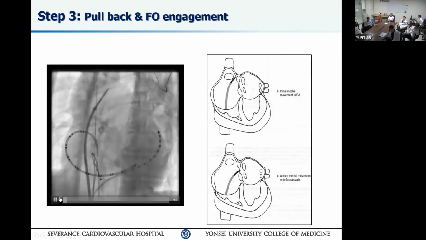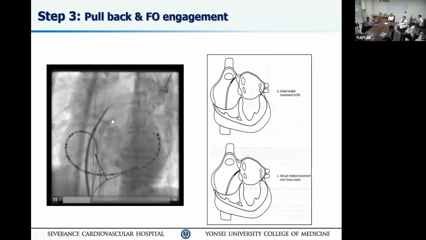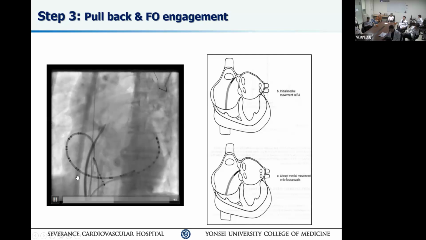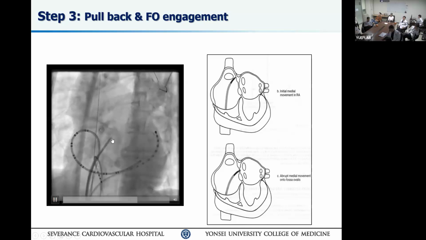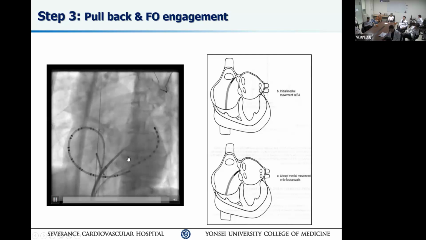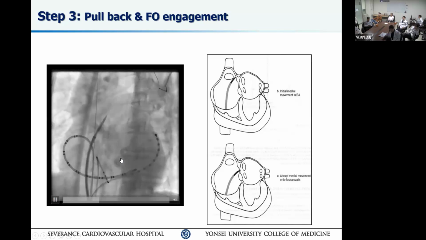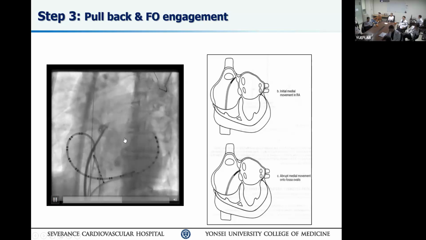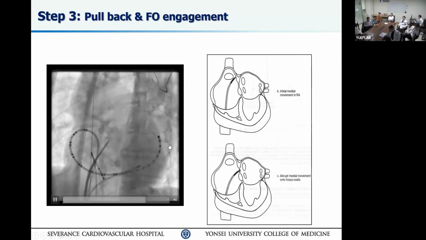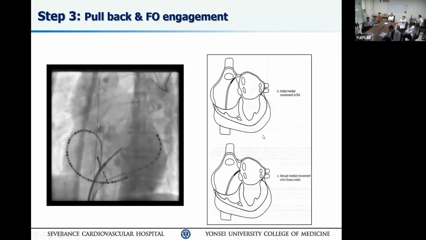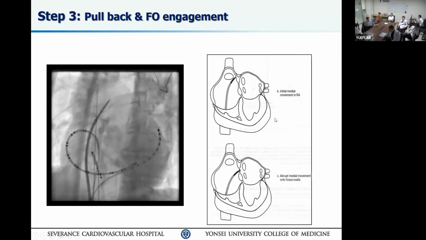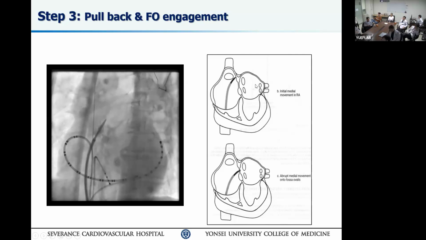And you will see another bump. This is the first one, medial movement, and you see the hump there. That's engagement in the RA to the fossa ovalis, which you can see in the picture on the right.